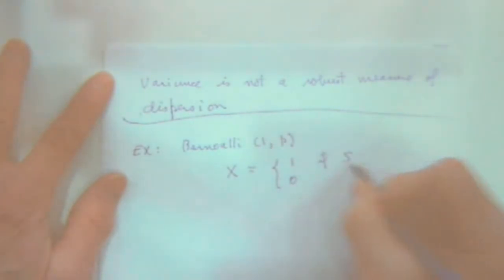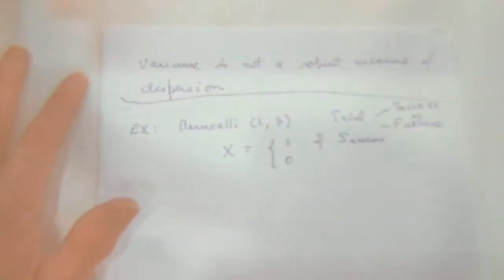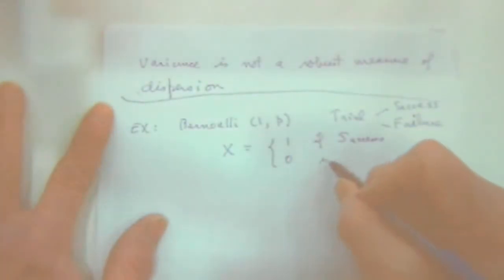You have a trial that ends either in success or failure. And we'll just write 1 if it's a success and 0 if it's a failure.